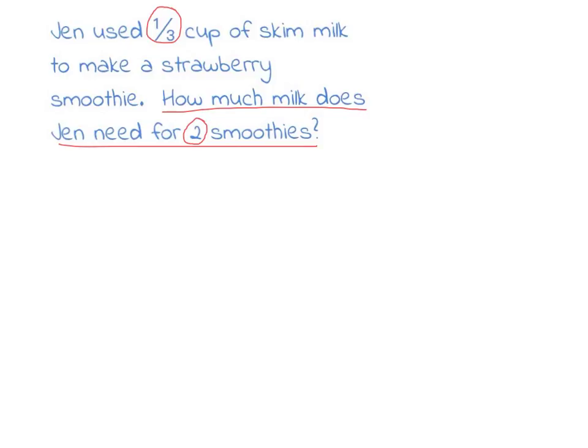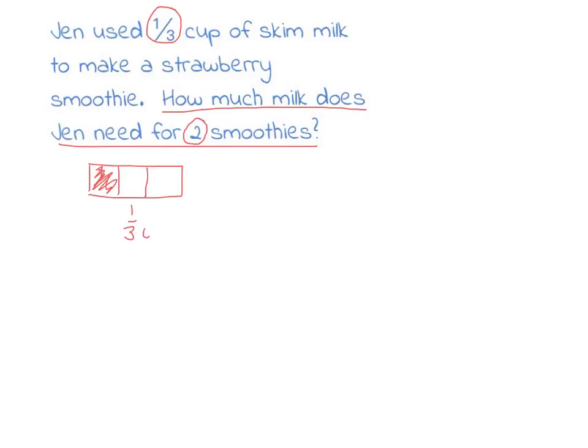Now there are a couple ways that I can solve this. One strategy would be to draw a picture. So for one smoothie, Jen uses 1/3 cup of skim milk. So I'm going to draw a fraction bar and break it up into 3 equal parts because the denominator of my fraction is 3, and I'm going to shade in one of those 3 equal parts to represent 1/3 cup.